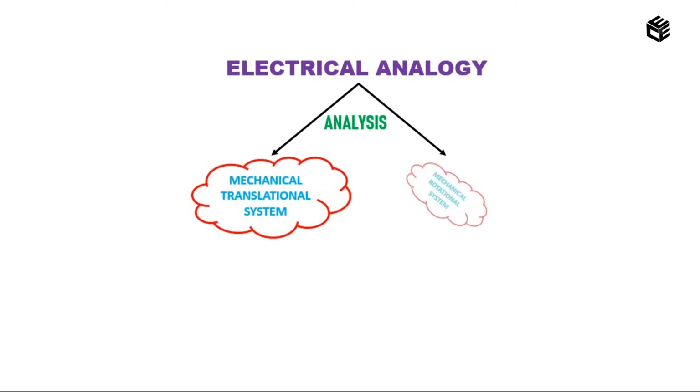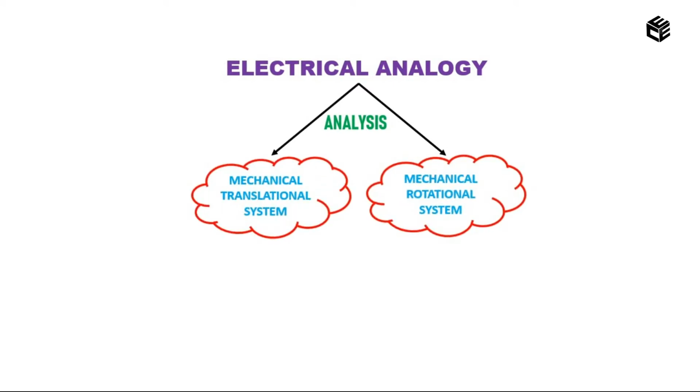Let's discuss what is electrical analogy. Electrical analogy is a method used for analyzing the mechanical translational and rotational system and converting them to an electrical system. As we know, the basic elements of mechanical translational system are mass, dashpot and spring.